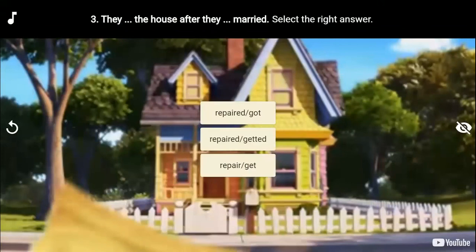Okay, here's our third question. So we have, they blank the house after they married. We have to also select the right answer. So the right answer will be they prepared the house after they got married.